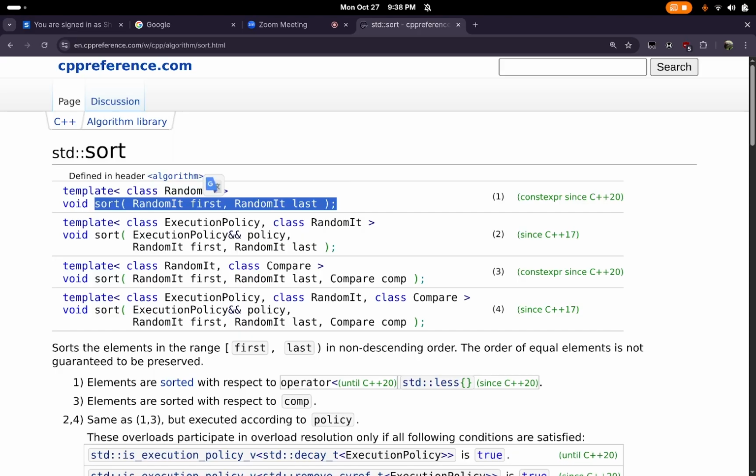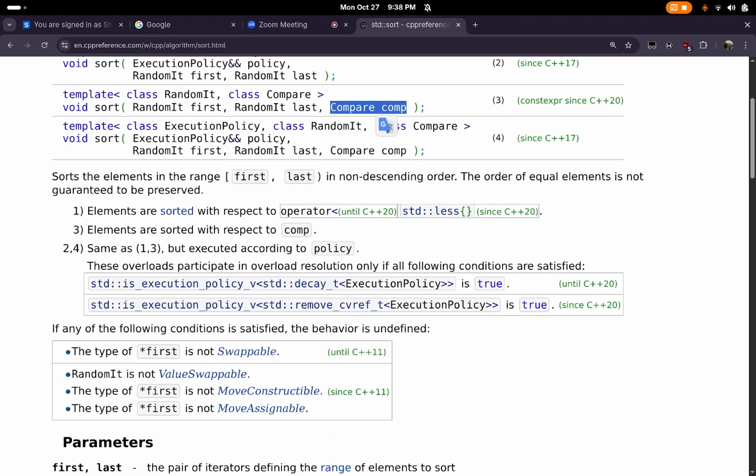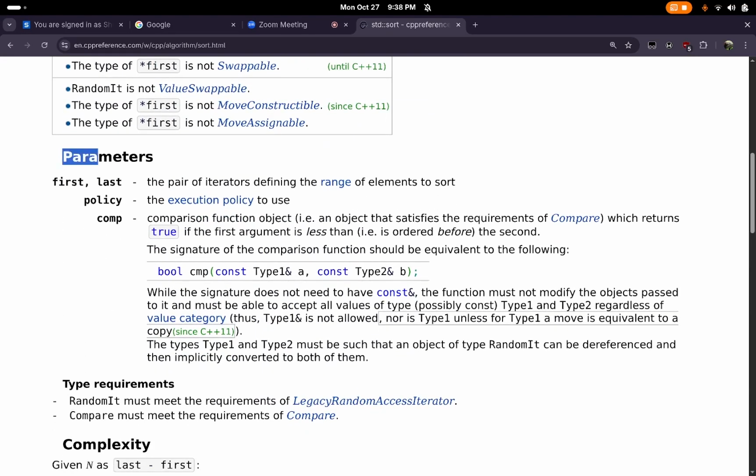We give it the first thing and we give it the last thing. And this is what we are talking about now, when we give it a compare function. See, parameters, it explains to us what the comparison function should be. Exactly the thing I told you: a boolean, and it should take in const and references.